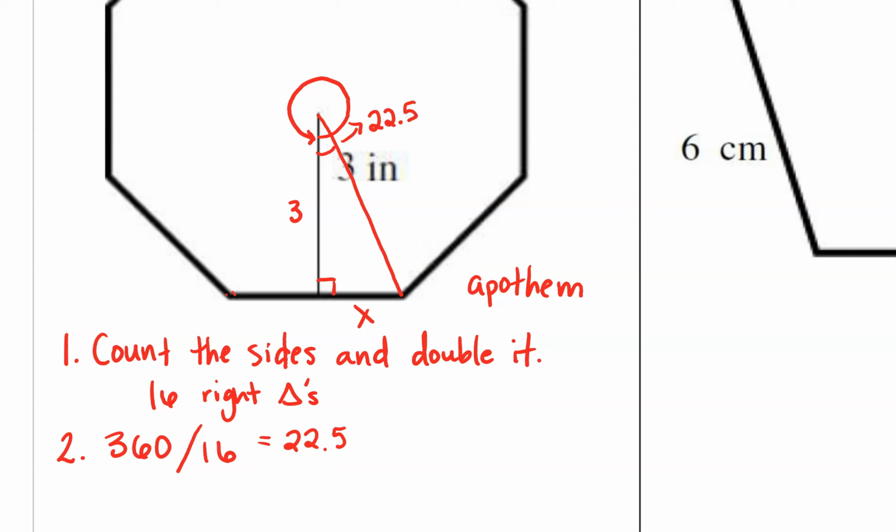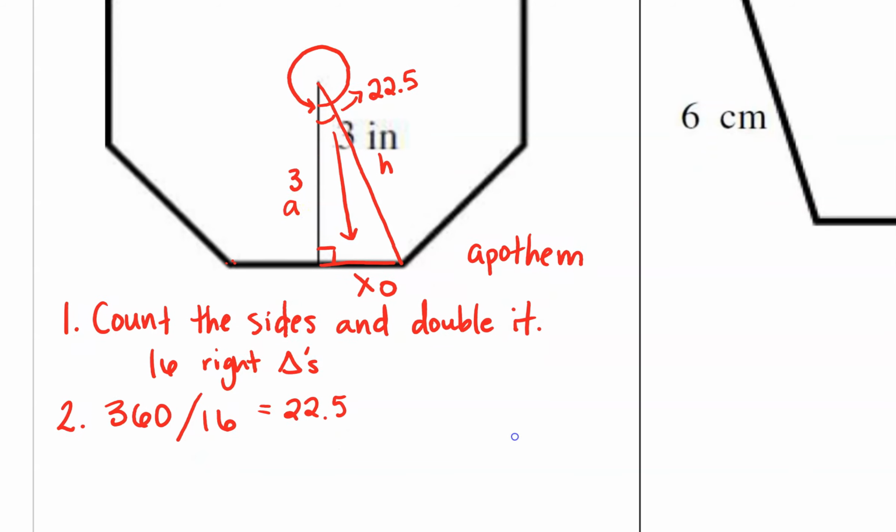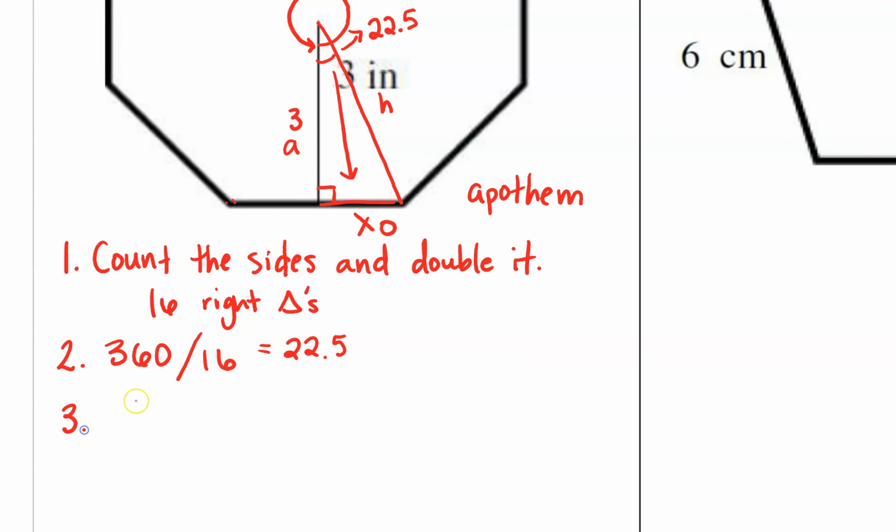Now I can find the missing length right here by using my trig. So I'm going to think about this is opposite to my angle, this is the hypotenuse, and this is adjacent. So which trig function uses opposite over adjacent? I'm going to remember SOHCAHTOA.